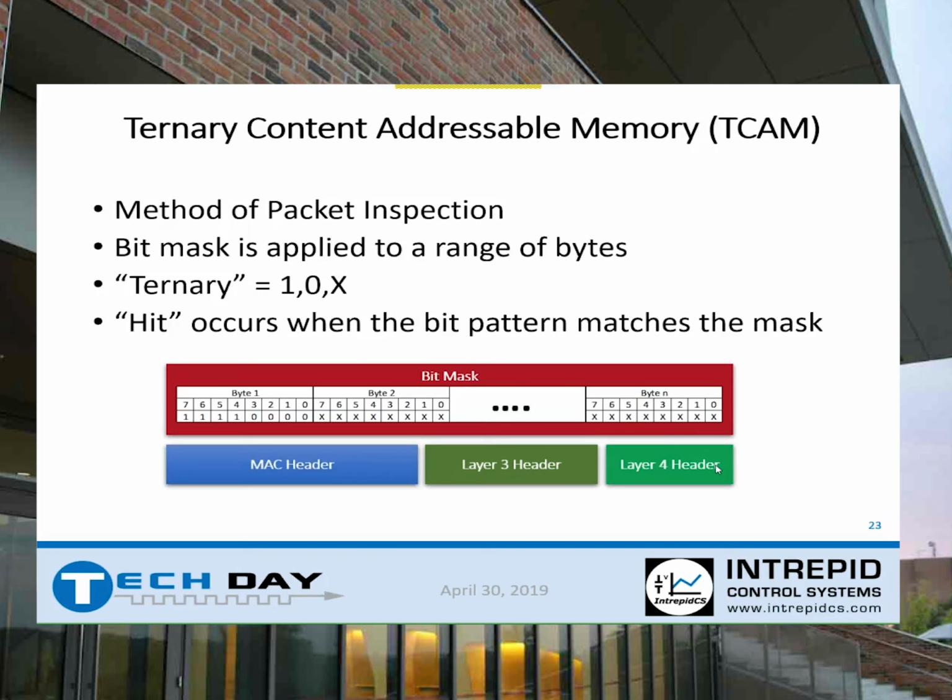And so when you set that mask and you have a hit, the switch is able to do certain things with the messages at what they call wire speed, or basically no discernible latency.